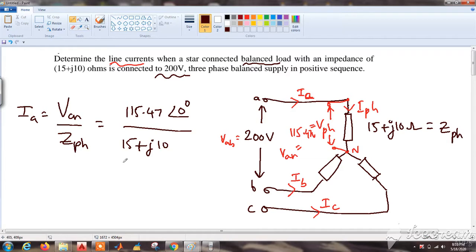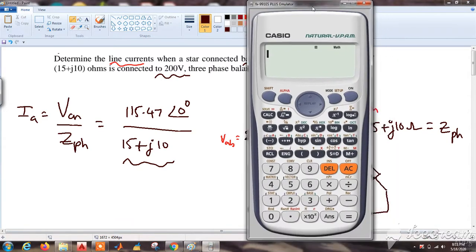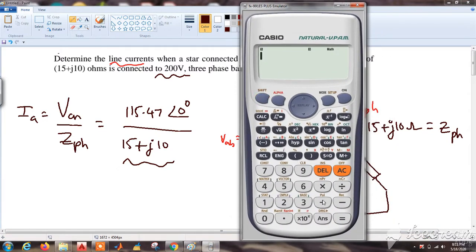Now for 15 plus j10, we can convert from rectangular form to polar form: press shift, press pol, 15 comma 10, that is 15 plus j10. Press equal to and you will get the polar form, 18.02 at an angle of 33.69 degrees.